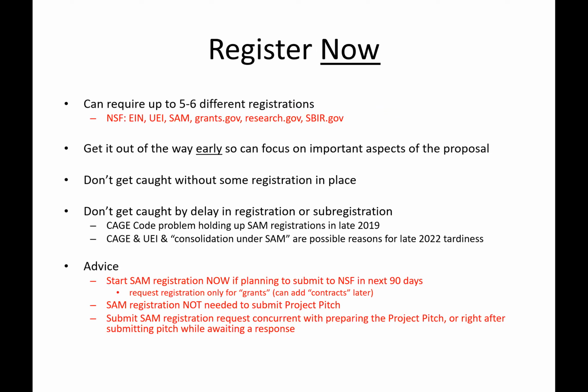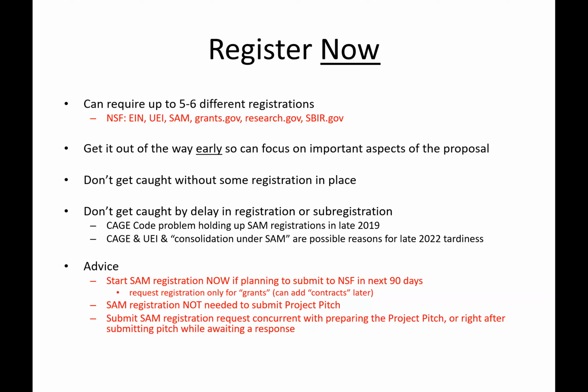They're actually, what have I got? I've got 6 different registrations you're going to have. So the first one is the employer identification number, which maybe you've already got. That's the one that the IRS, I believe, assigns. Then you need a unique entity identifier, or UEI, which is what the federal government is now using instead of your DNB or Dun and Bradstreet number.